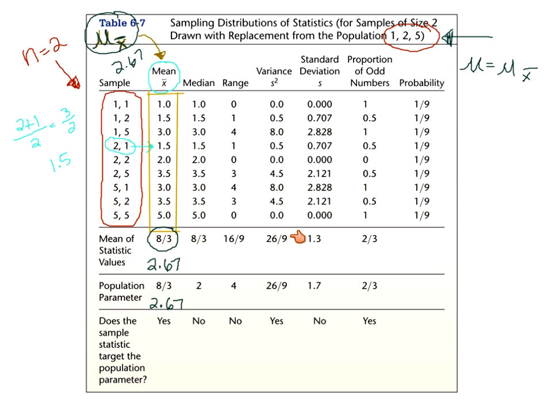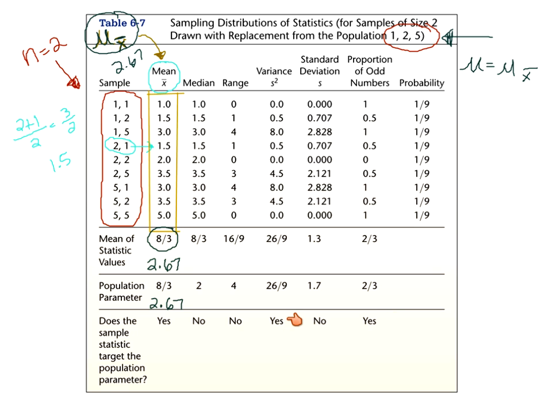So what we find here is that the mean of the variances is the same thing as the variance of your population. And so that's another sample statistic that targets your population parameter.